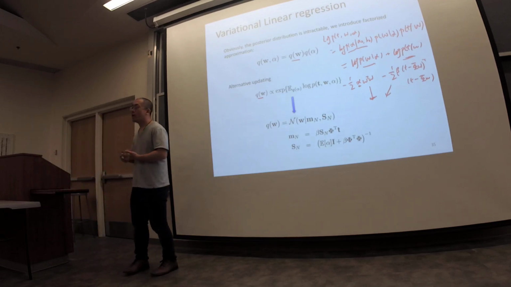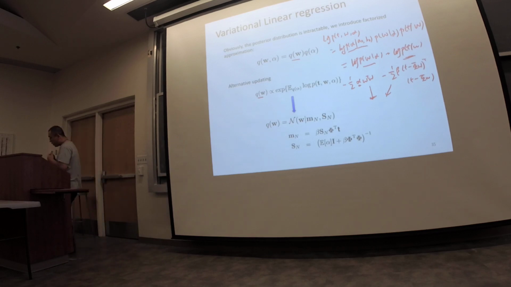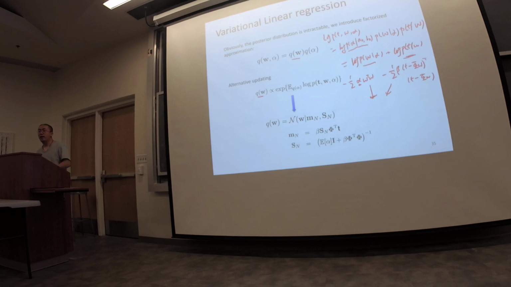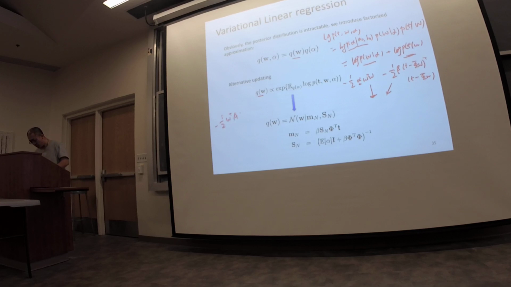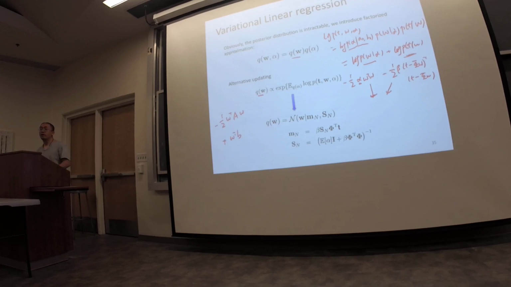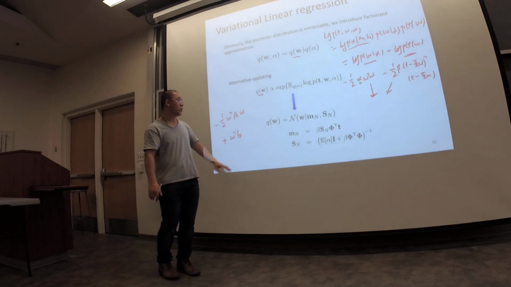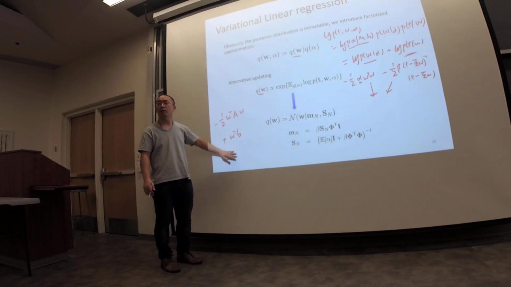If you want to test whether a distribution is Gaussian or not, you just need to test whether, if you take a logarithm, it has a quadratic term and a first order term. If you have something like minus half W transpose A W plus W transpose B, it must be a Gaussian, because if you expand your Gaussian term, take the logarithm and cancel the exponential, the quadratic term is just this form.